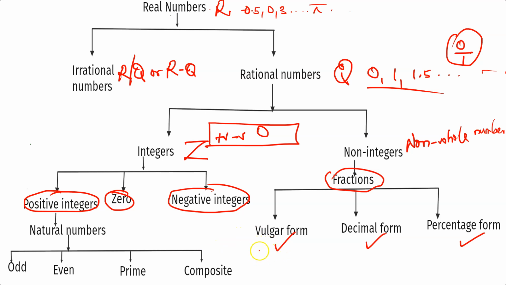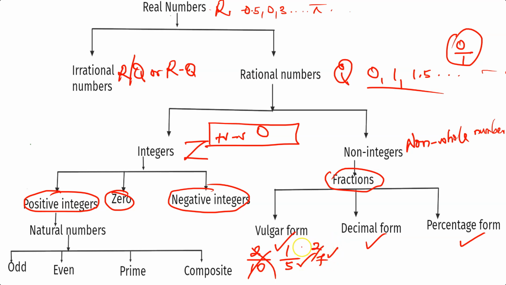So if I'm writing my fraction and I write 2 divided by 10, I am not going to call this a vulgar fraction. Reason, the denominator is a power of 10. But if I write something like 1 upon 5, this is correct as a vulgar fraction. 2 upon 7 is correct as a vulgar fraction. It continues that way.